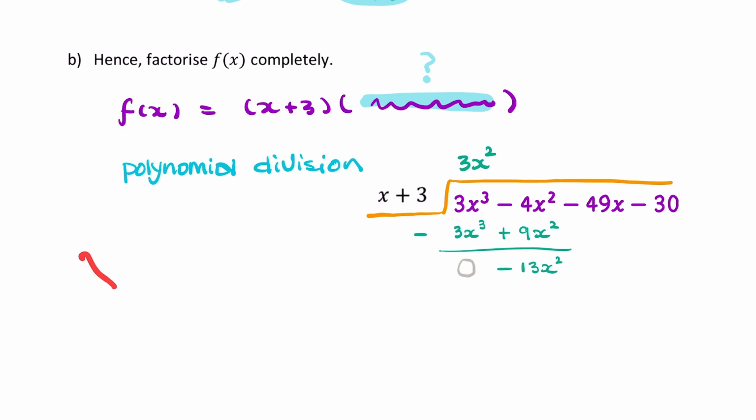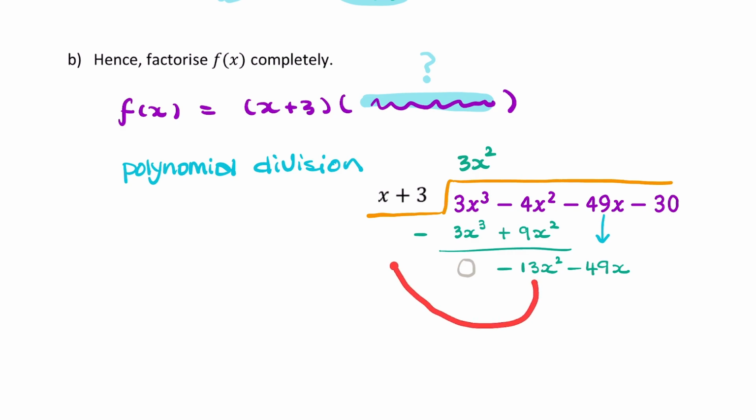So we've done division, multiplication, and subtraction. Now we go back and divide this by this, but we can't, because this is one term and this is two terms. So we need a second term, and this is where we bring down the negative 49x.